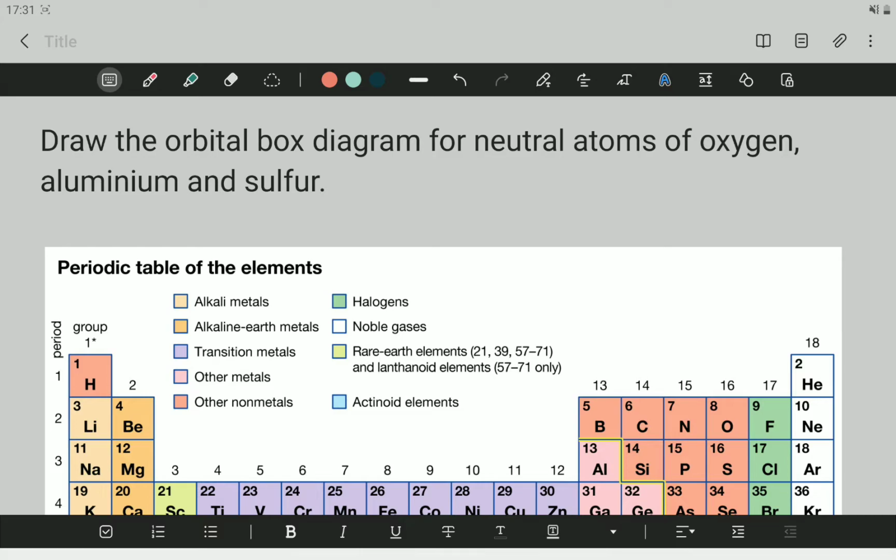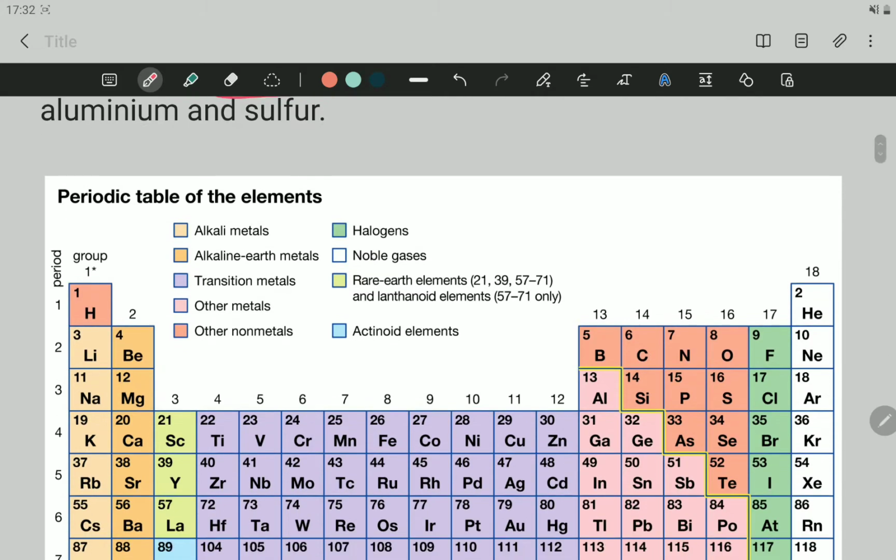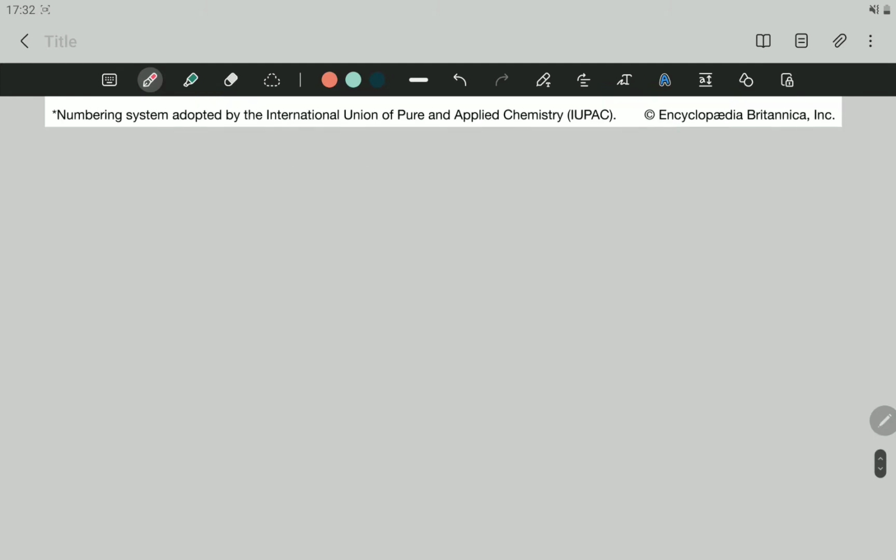Now, what is the orbital box? In the orbital box, we work with the energy level and the electron configuration of the atoms. The orbital box starts with energy level 1 and one orbital s, which is one circle or square.